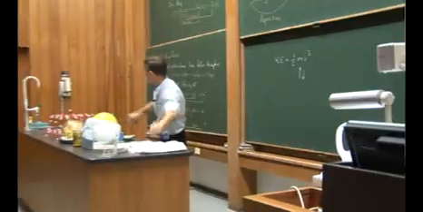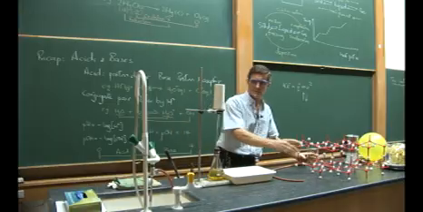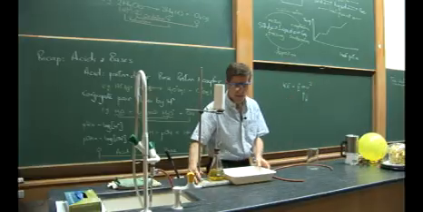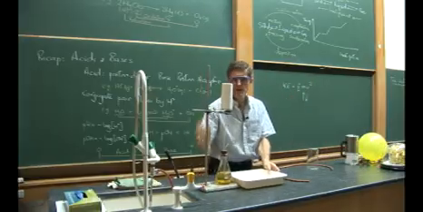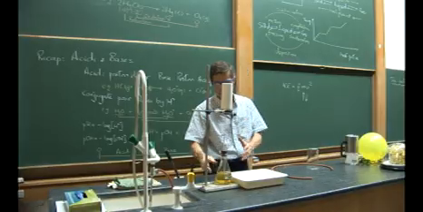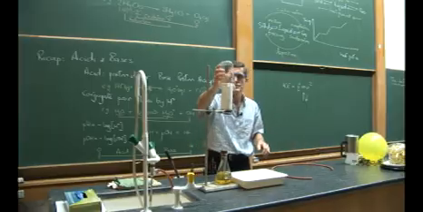Now, what I've got over here is a porous pot. So this allows gas through it. There's gas on the inside, gas on the outside. There's no pressure difference either side of that porous pot.